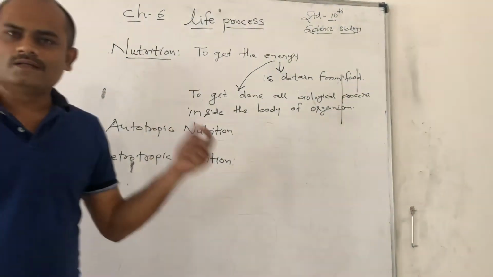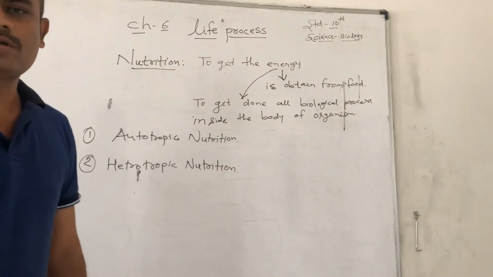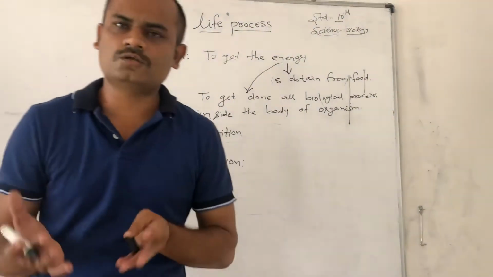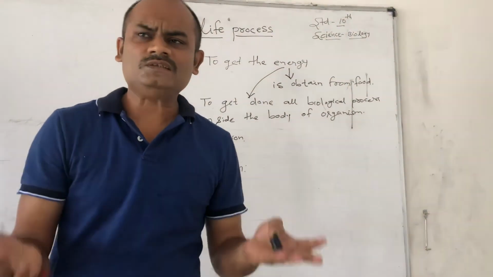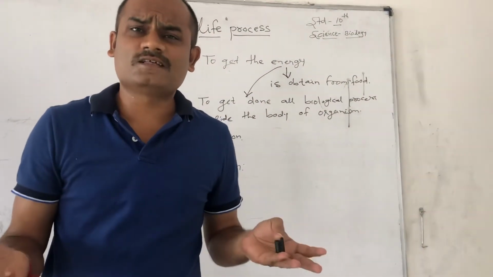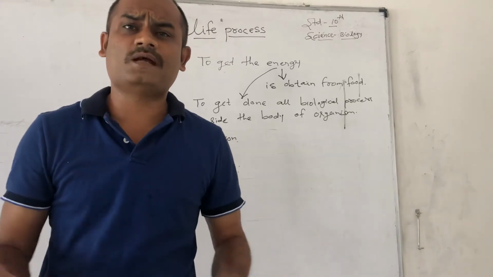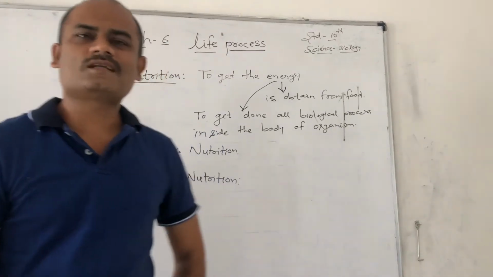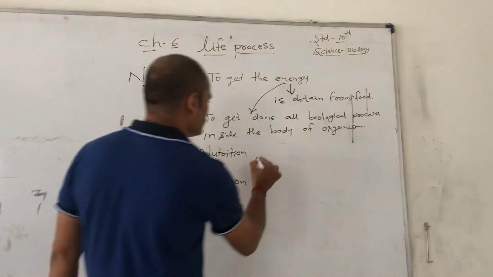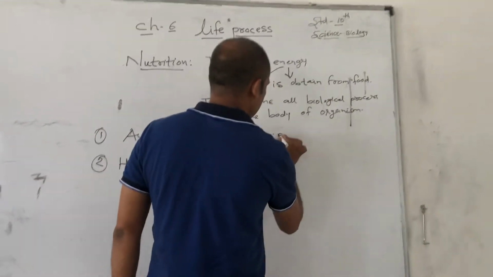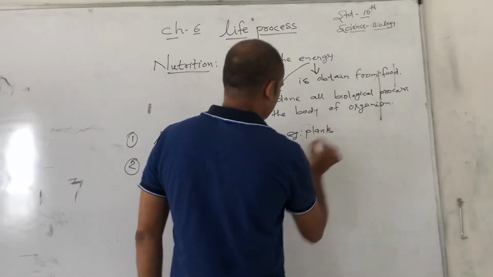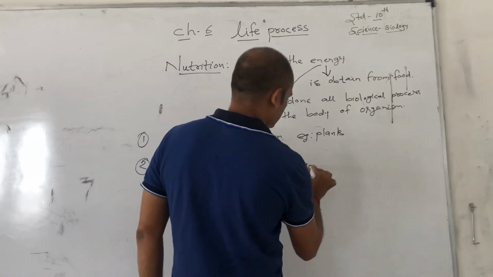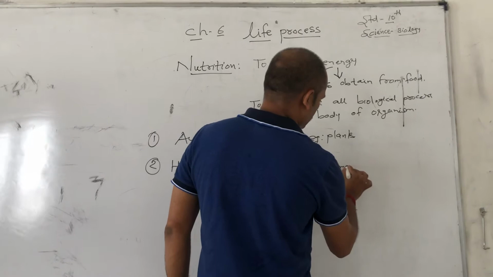So now let's see what is meant by autotrophic nutrition. We all know that in autotrophic nutrition, plants are considered as autotrophs, which can prepare their food material by themselves, right? Here the example is plants, and here the example of heterotrophs is animals, right?